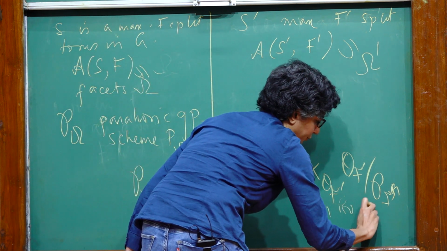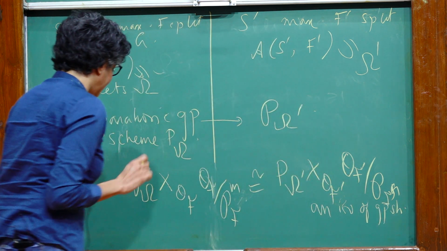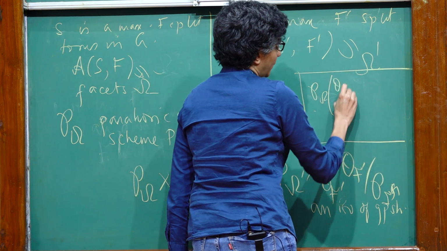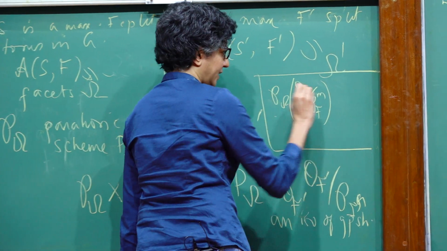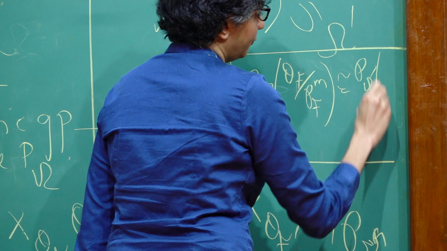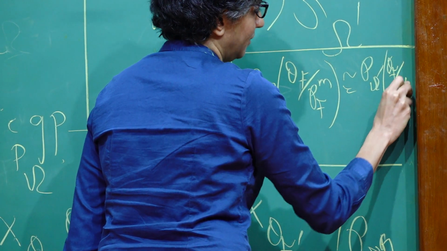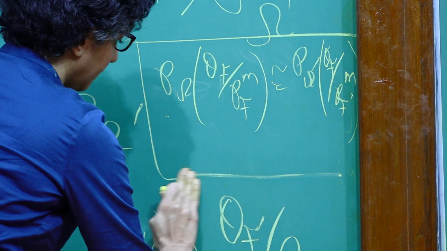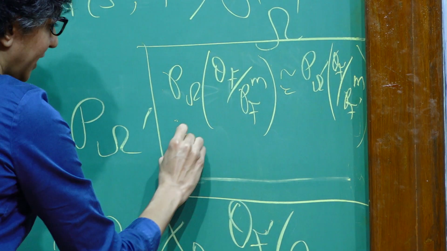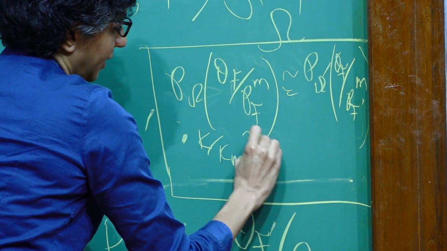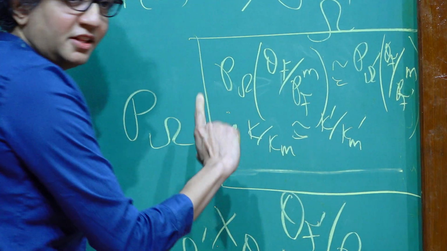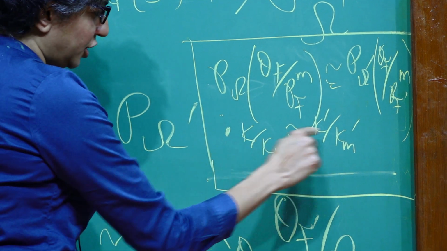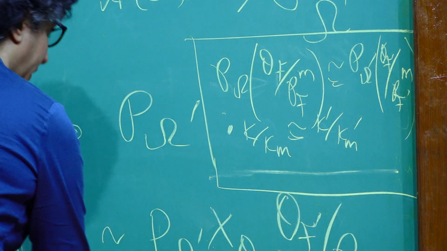And then as a consequence of this, one gets that P omega of O_F mod P_F to the M is isomorphic to P omega prime of O_F prime mod P_F prime to the M. Okay, and the two isomorphisms that I mentioned there, that K mod Km is isomorphic to K prime mod Km prime when the fields F and F prime are sufficiently close, here K will be a special maximal parahoric. Okay, so yeah, I'll write it next.